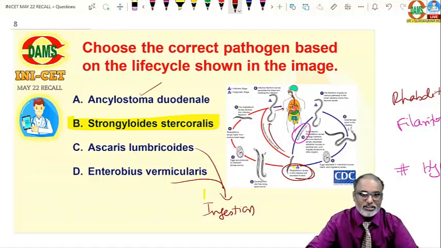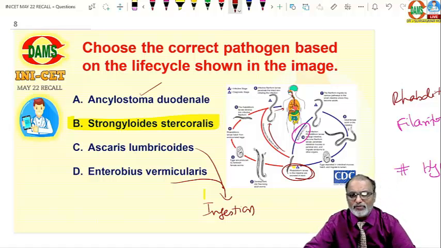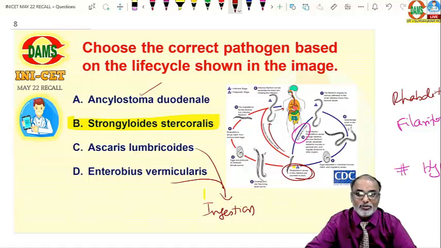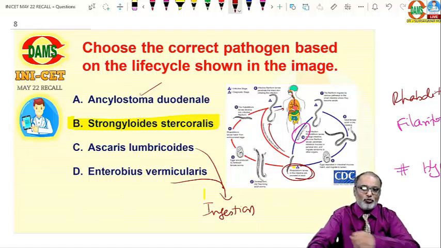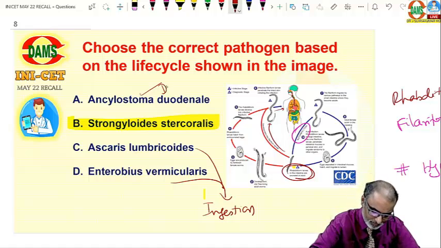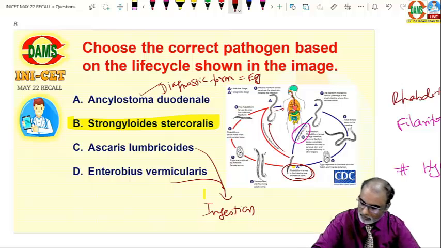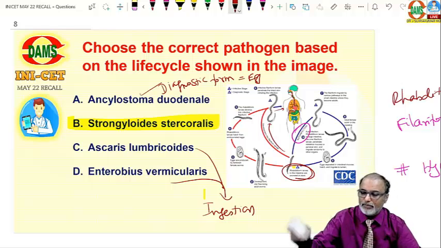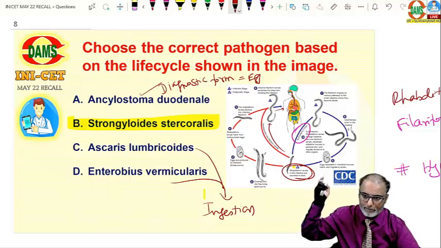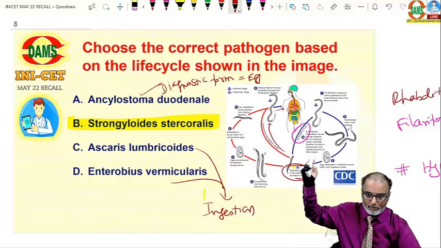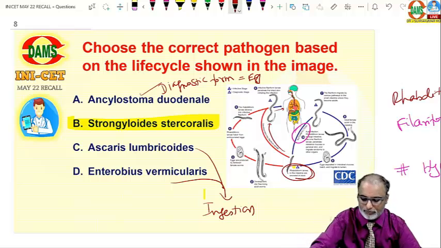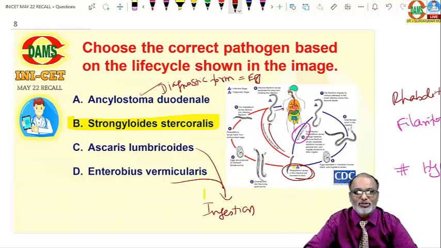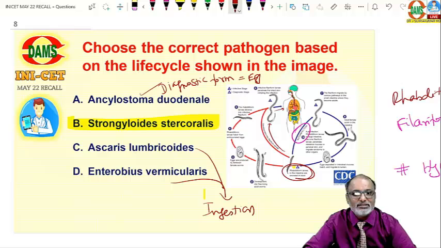Ankylostoma is a tough competition, but Ankylostoma won't cause autoinfection, and the hookworm diagnostic stage is the egg. So based on the life cycle, the answer is Strongyloides stercoralis.